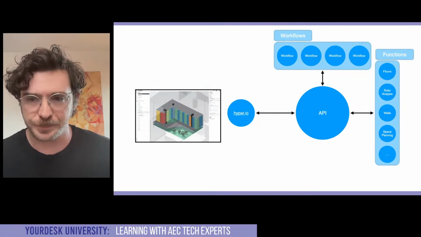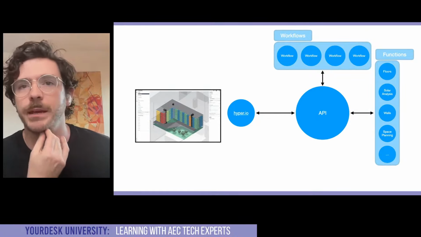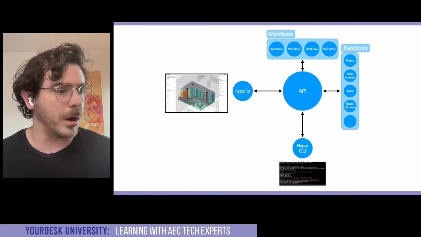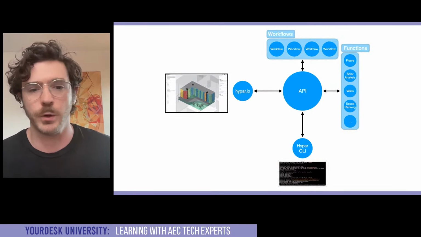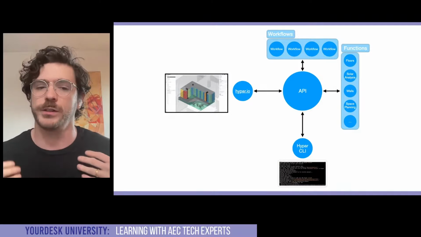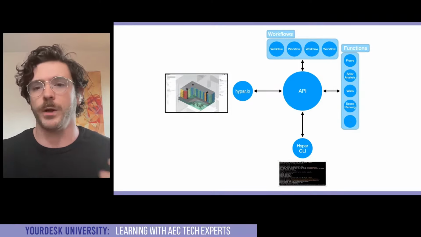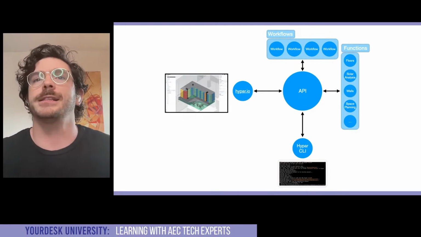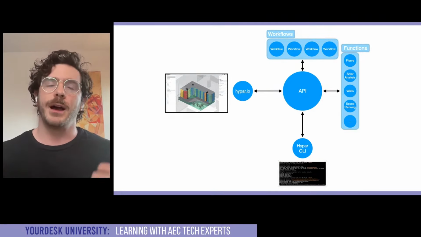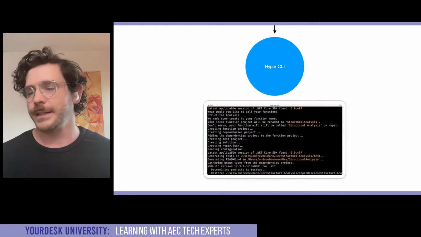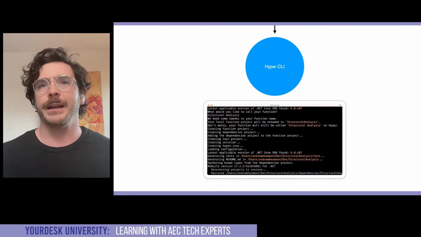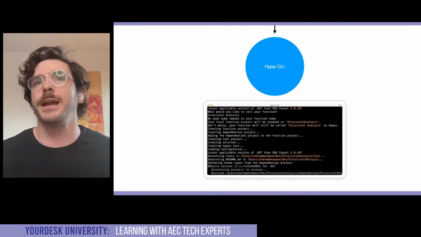There's one other system here, which is pretty important if you are actually contributing new functions to Hypar yourself. So if you're a software developer and you want to write a new system on Hypar, you will build a function and you'll utilize the Hypar CLI to do that. The Hypar CLI is a tool you can install and download on your system, and it streamlines the process of creating new Hypar functions.